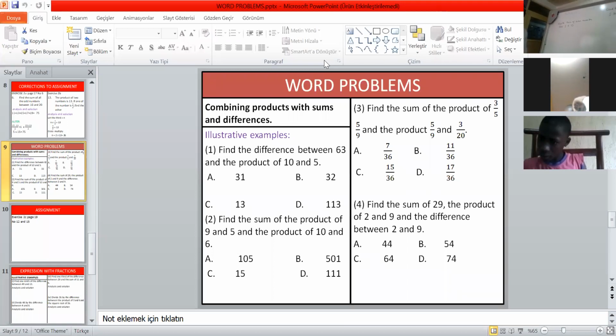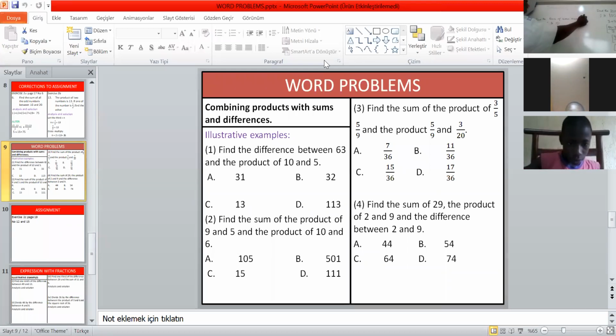Can we all try this? Find the sum of all the even numbers from 1 to 10. I'm waiting for your answer.